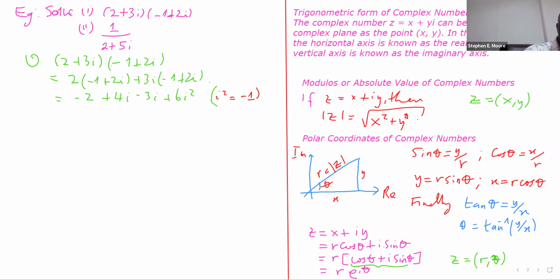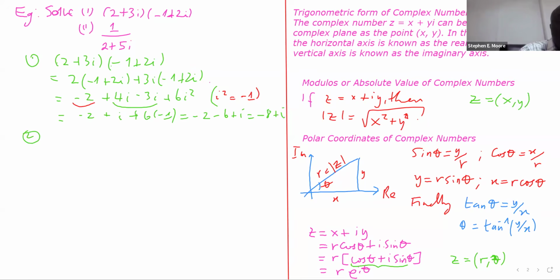So when we do that, then we have minus 2 plus, so here we have 4i minus 3i, we'll have i, and then here we have minus 6 because i squared is minus 1, and this will give us minus 2 minus 6 plus i, which is minus 8 plus i.